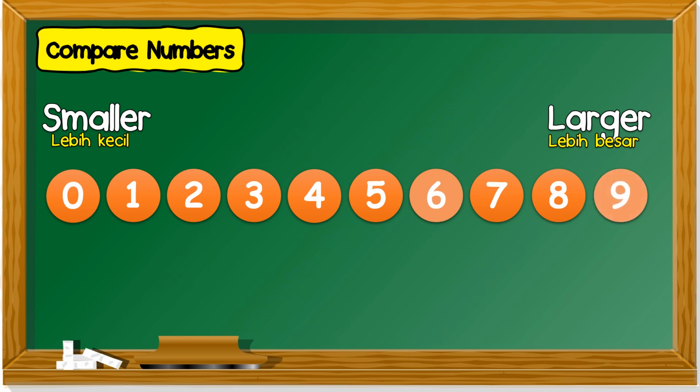Okay, so we can know that from this arrangement, the number on the most left, paling kiri, is the smallest. Okay, paling kecil, paling kiri. Paling besar di sebelah kanan. On the right side are larger numbers.